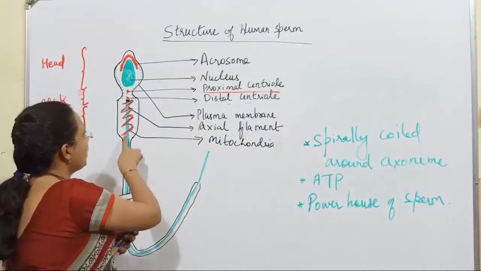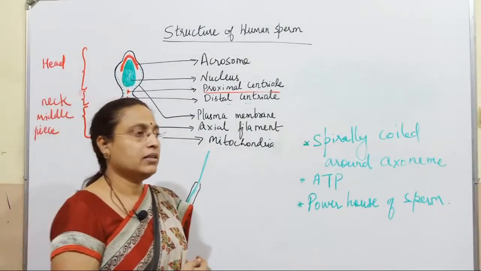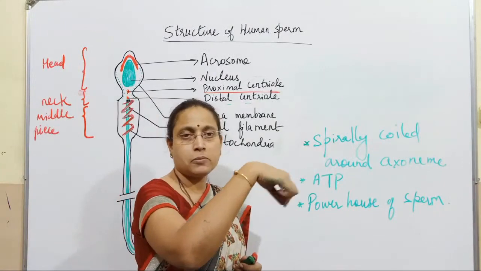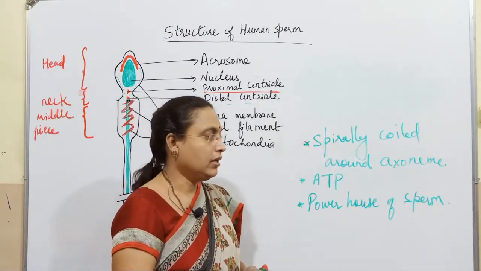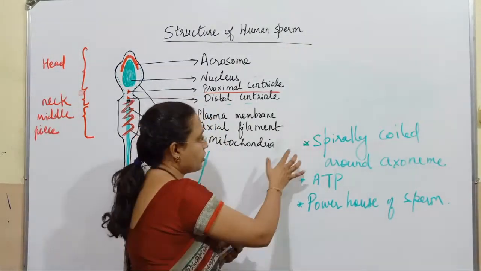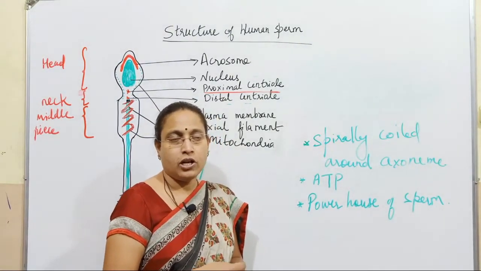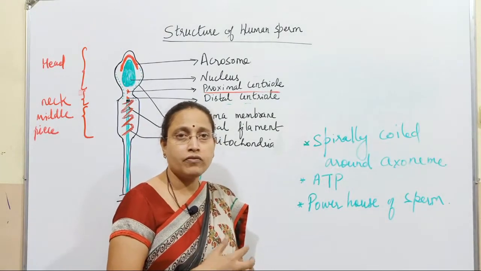So it is going to be wrapping around the axial filament as a spiral, or as a spring coil. So that is the function here of mitochondria. Now from where do sperm get energy for movement?